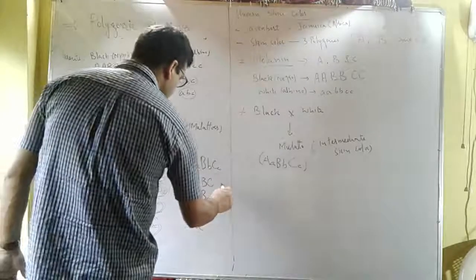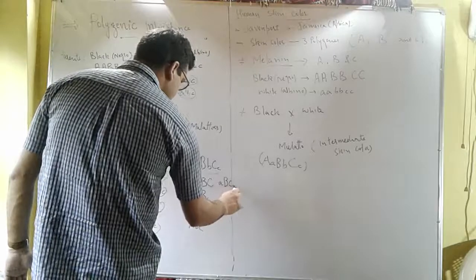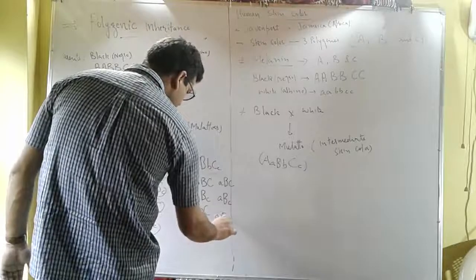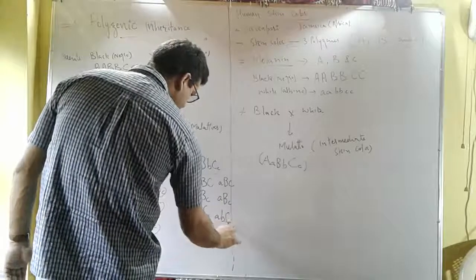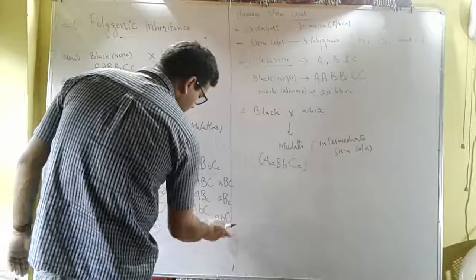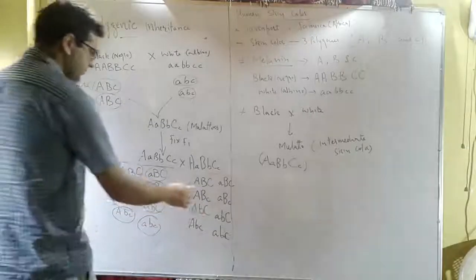Then we have small a, capital B and capital C, small a, capital B and small c, small a, small b and capital C, small a, small b and small c. So how many gametes do we have? 8 gametes are also here.